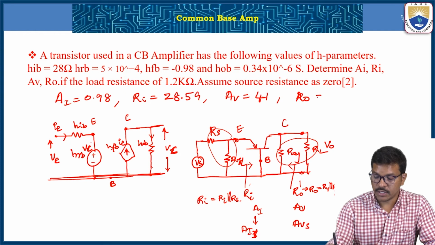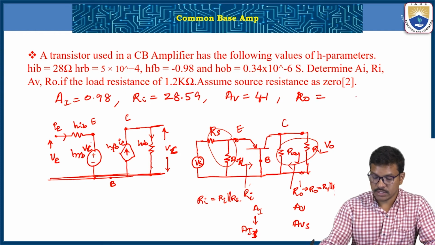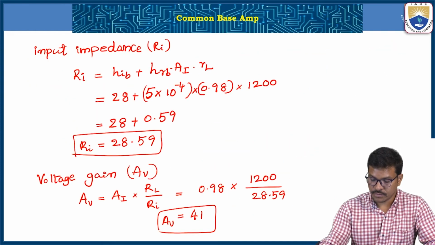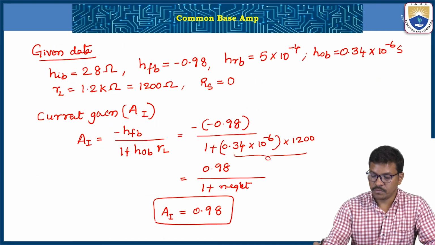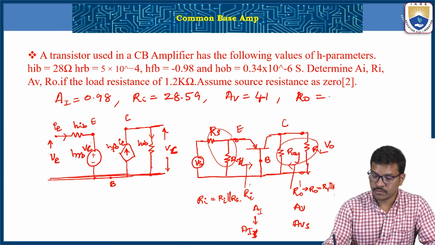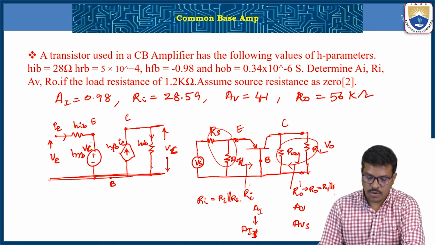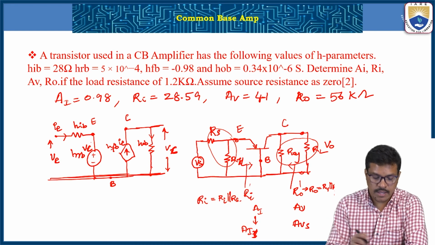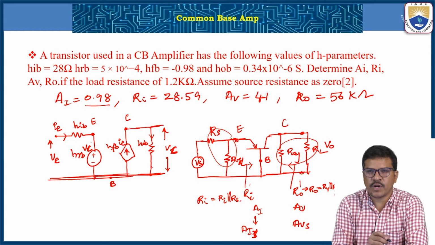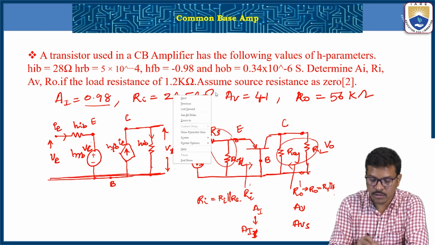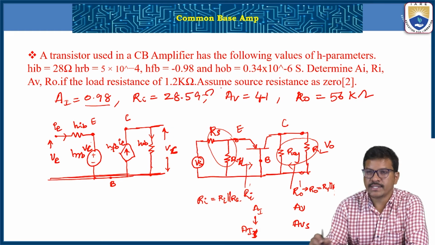Output impedance is equal to 56 kilo ohm. So concluding that the current gain is 0.98, input impedance is 28 ohms, and voltage gain 41.